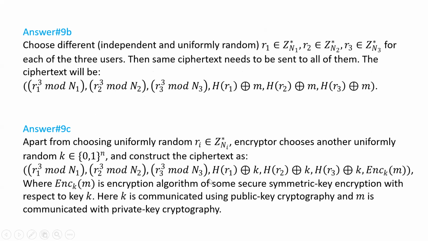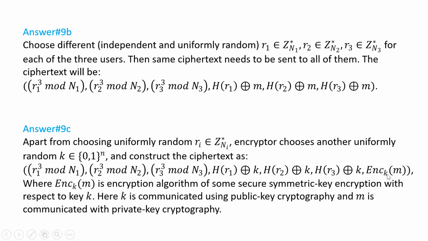These are as previous. Then instead of XORing M to each of these H of Ri values, we will XOR K. So we get H of R1 XOR K, H of R2 XOR K, H of R3 XOR K, and then another additional component of the form ENC of M with respect to key K. And this ENC is the encryption algorithm of some secure symmetric key encryption scheme.